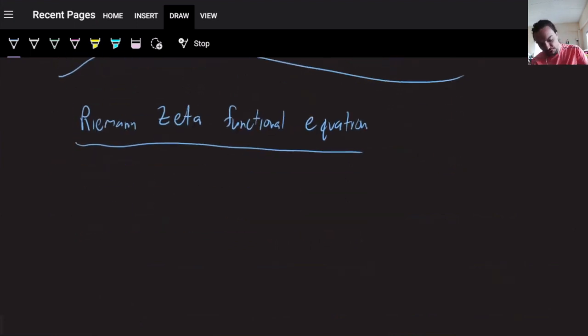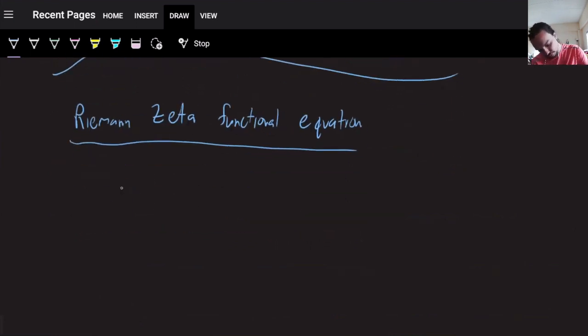Okay, so the Riemann zeta function is a function defined by this. Right? So if you define this infinite sum where the power at each step is s, then you can get a function which is called the Riemann zeta function.